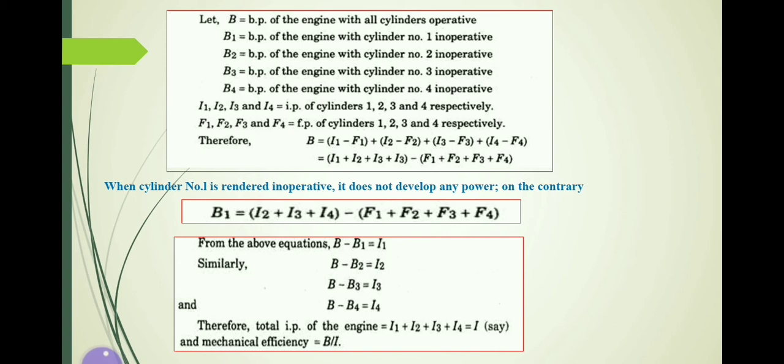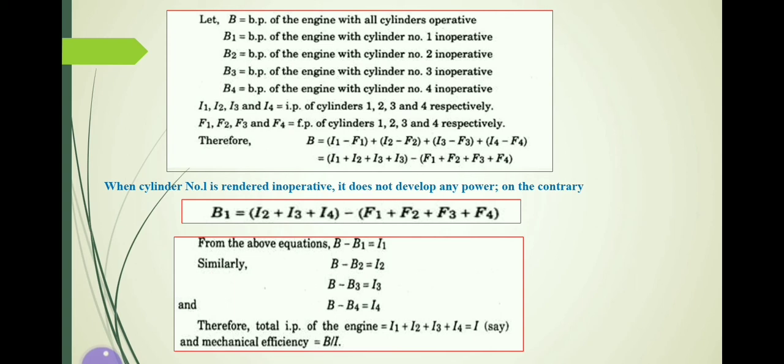Applying the same method, we get I2, I3 and I4. So I1 equals B minus B1, I2 equals B minus B2, I3 equals B minus B3 and I4 equals B minus B4. In this way, we get all the indicated powers. If we add all these, we get the total indicated power of the engine.